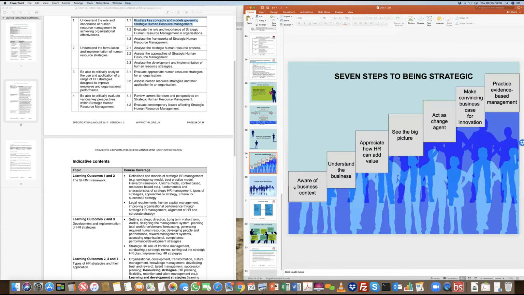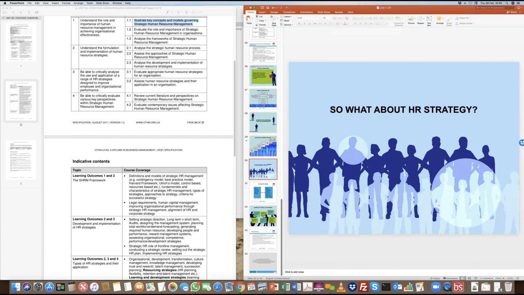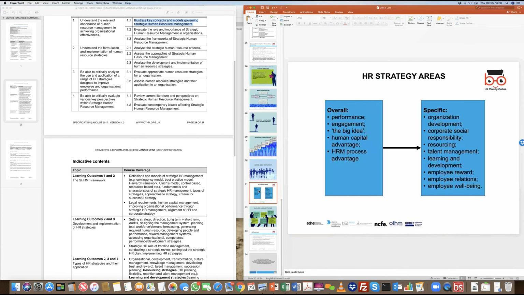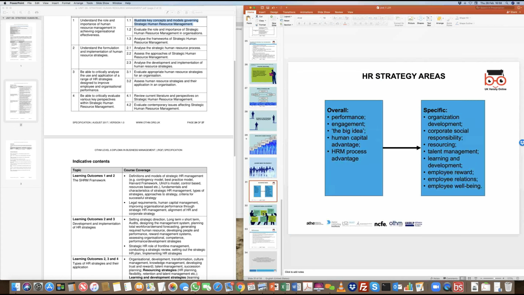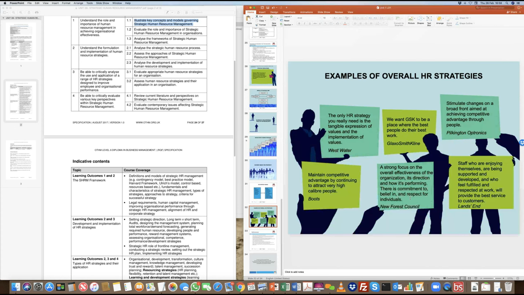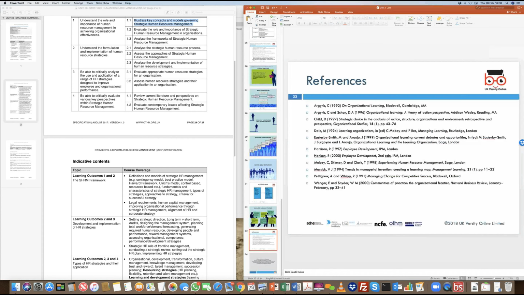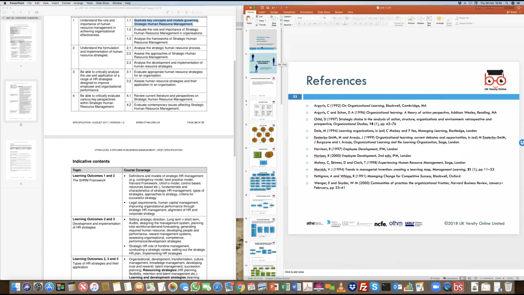And I put some basic steps in place and some additional slides that you can go through. We talk about some of the detailing of how HR works with other departments and different companies, like the strategies they have. So the learning outcome is primarily looking at studying three things. The role of HRM.